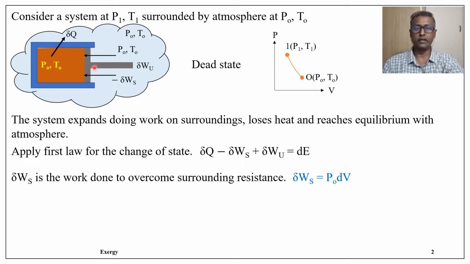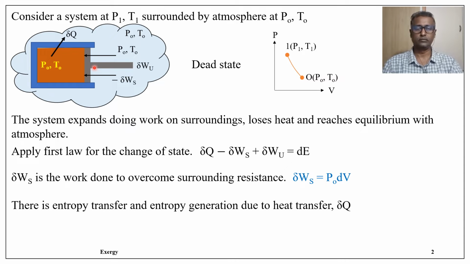Since there is a heat transfer, entropy is also transferred and entropy is also generated because of this heat transfer. This can be written as T0 dS, that is the change in entropy, is equal to del Q divided by T0 plus T0 dS generation, that is entropy generation. This equation can be rearranged like this.